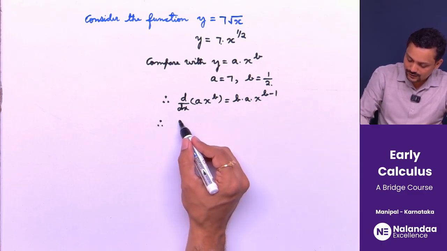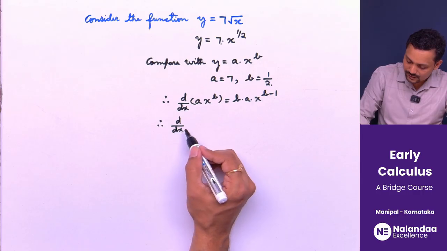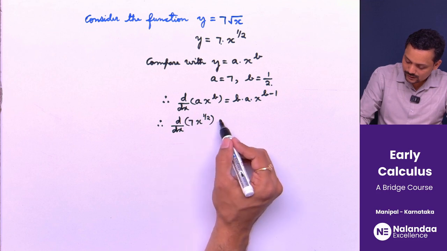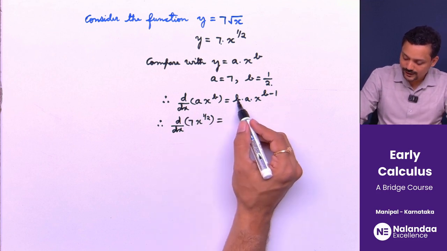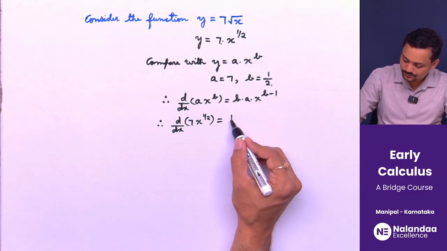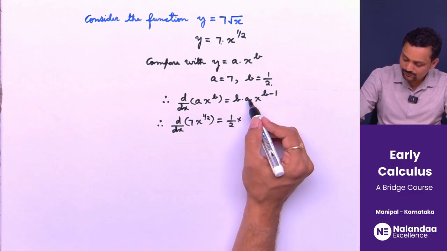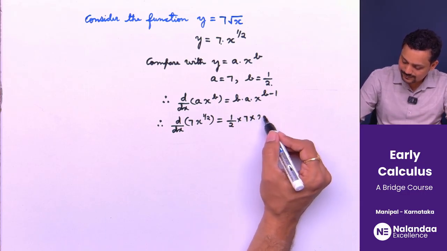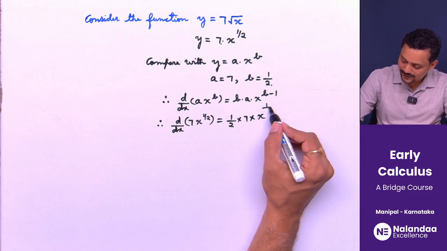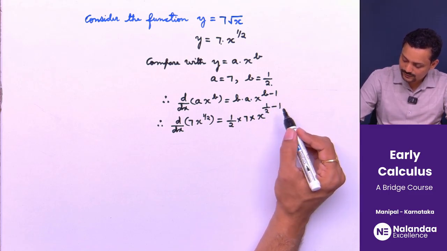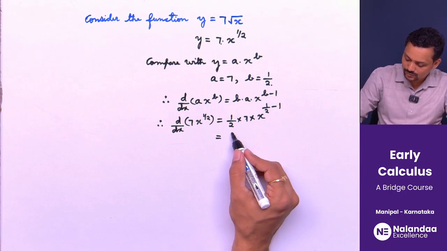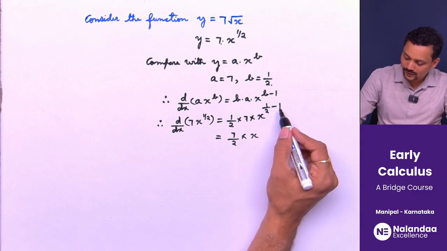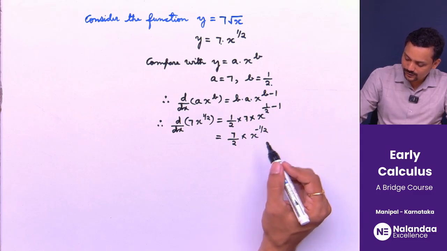So therefore d by dx of 7 into x power 1 by 2 is equal to, now first we have to write b, that is 1 by 2, into, then we have to write a, that is 7, into x power b, that is 1 by 2 minus 1. So this is 7 by 2 into x power 1 by 2 minus 1 is minus 1 by 2.